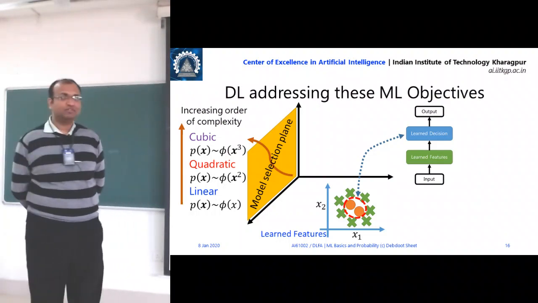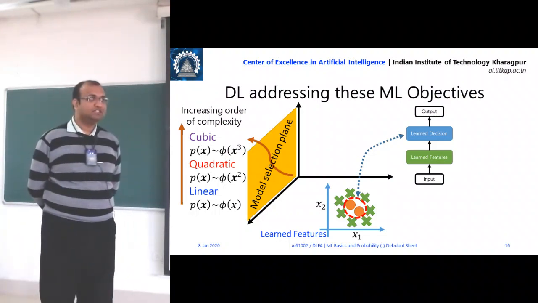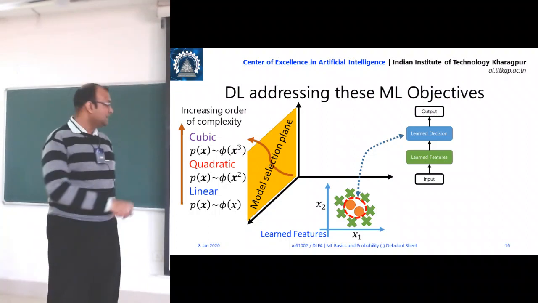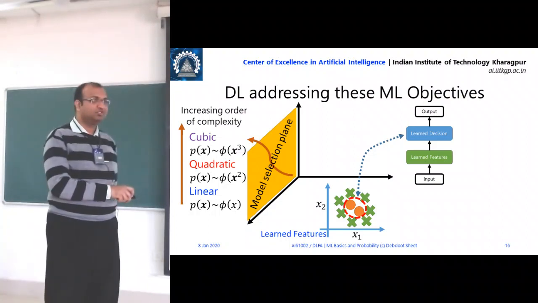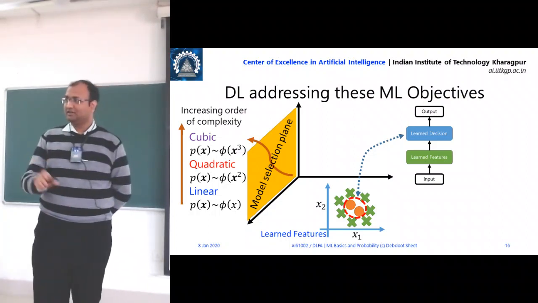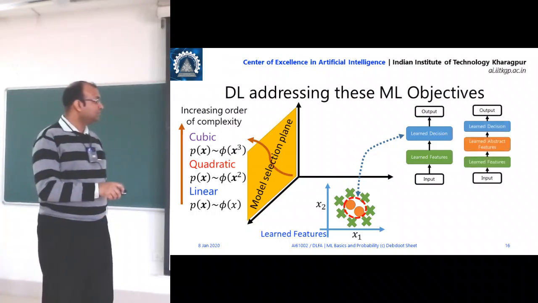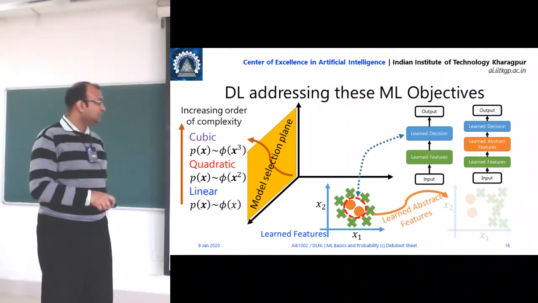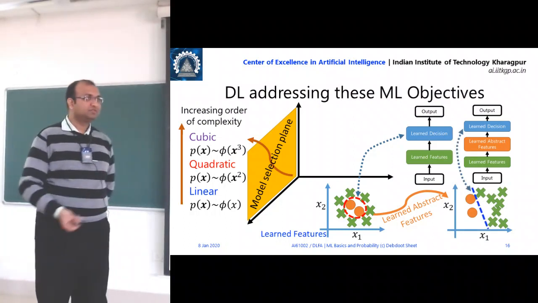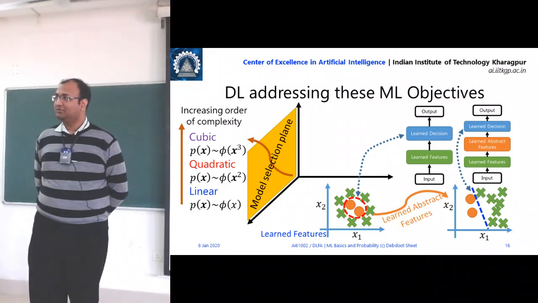So essentially if I do a Cartesian to polar transformation, so I represent this instead of x1, x2 in terms of r, theta format, then I should be able to do it. So now if we have this kind of a model which has abstract features, and this abstract feature converts Cartesian to polar domain, then I will end up getting this sort of a line which now becomes a linear, degree 1 polynomial.